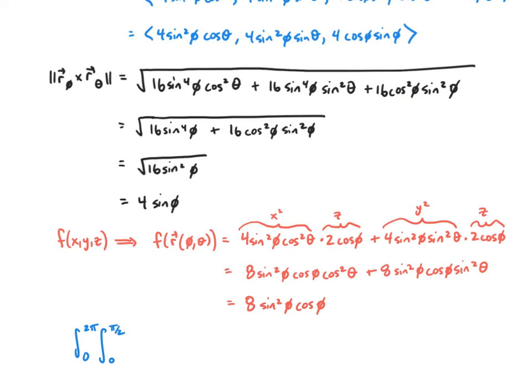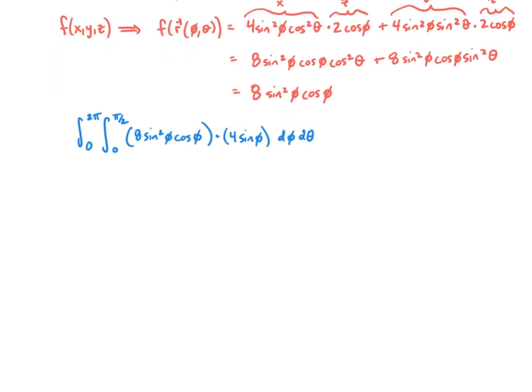Then what we have is our function, which is 8 sine squared phi cosine phi, multiplied by what we got for the cross product, and then we wrote it as d phi d theta. So there's our double integral finally.